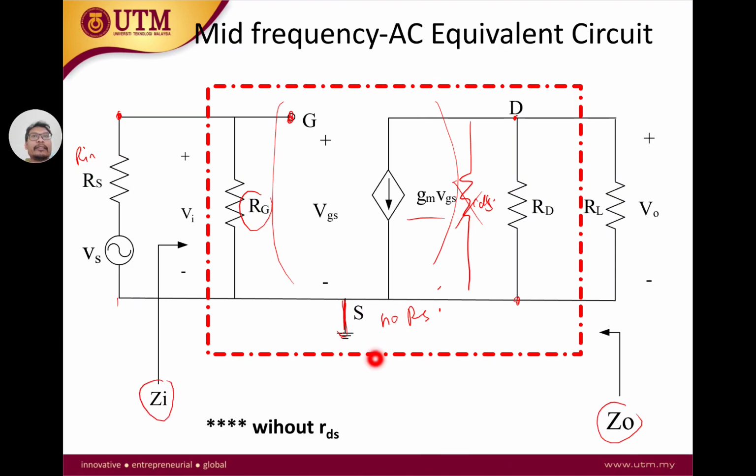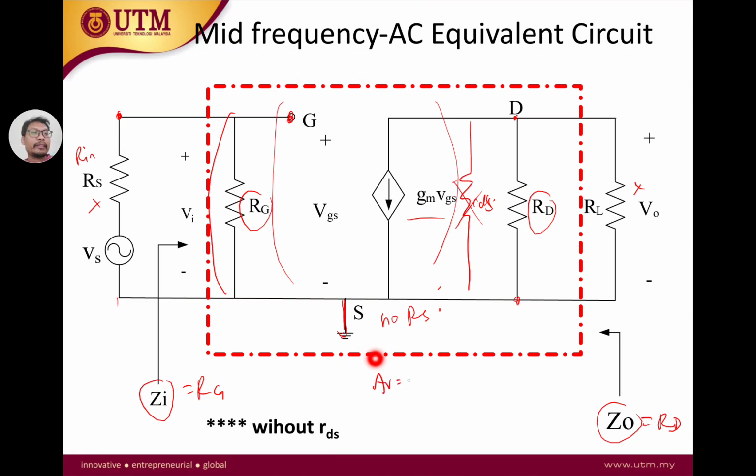ZI is the resistance seen at the input, which is simply RG. And the resistance seen at Z out, without RL and without RS, is simply equal to RD. So Z in is RG, Z out is RD.